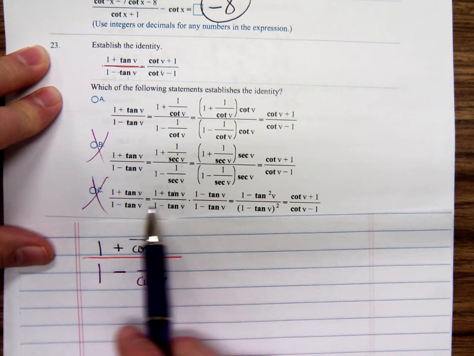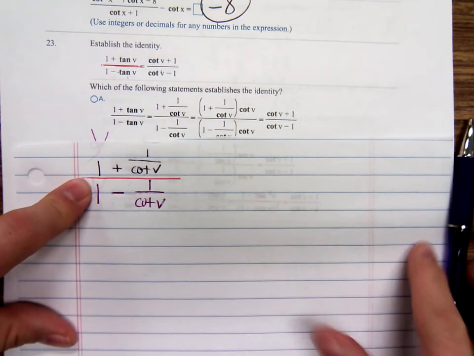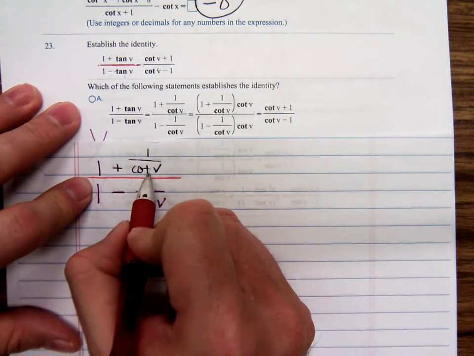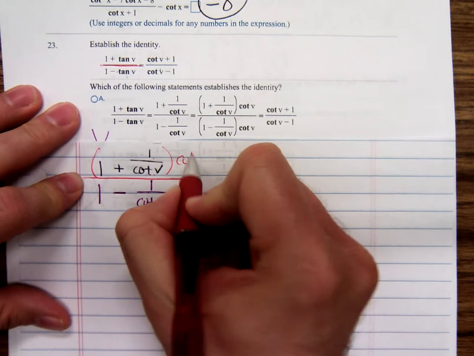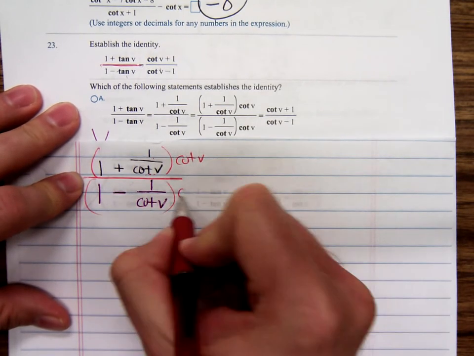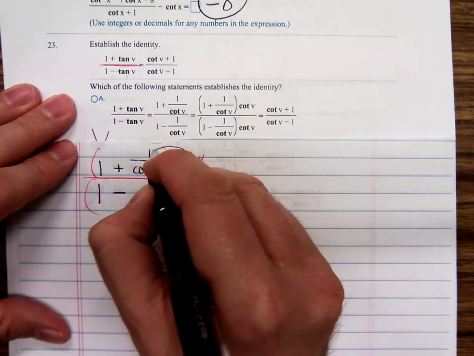So on this one, what you would do next to get rid of these compound fractions, multiply above and below by cotangent v. Remember years ago the students saying you're just making these things work out.